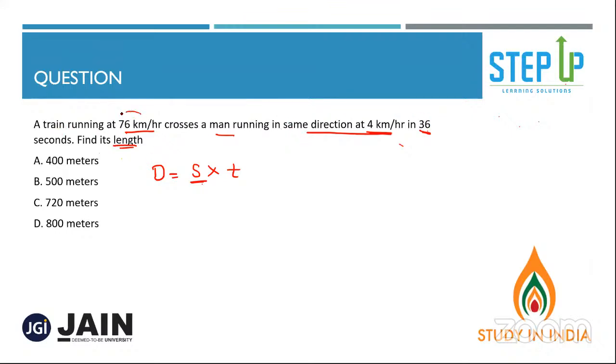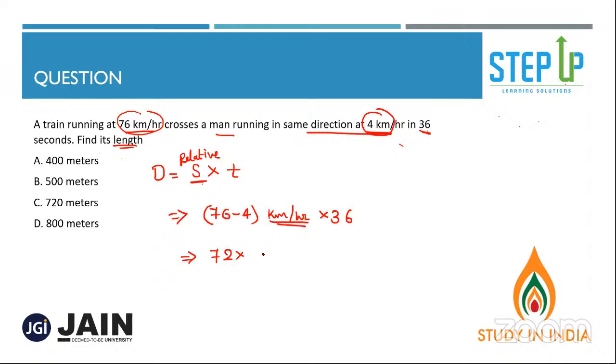The train is running at 76 kilometer per hour and crosses a man running in the same direction at 4 kilometer per hour. So this has to be relative speed. And if two objects are moving in the same direction, speed gets subtracted. So this is 76 minus 4. This is in kilometer per hour, and time is given in seconds, 36 seconds. So my idea would be to convert this into meter per second.